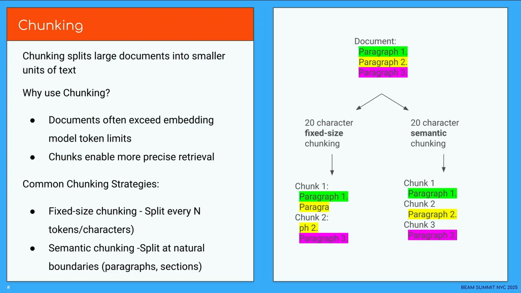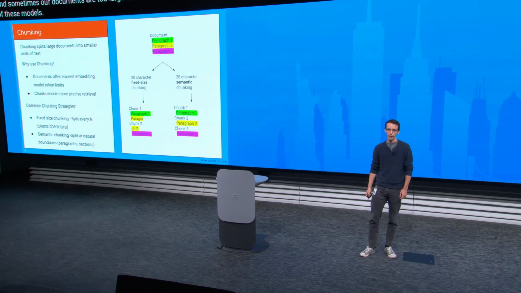Given the limits of embedding models, and sometimes our documents are too large to be fit into the token limits of these models, there's often a need for chunking our original documents into smaller embeddable pieces.